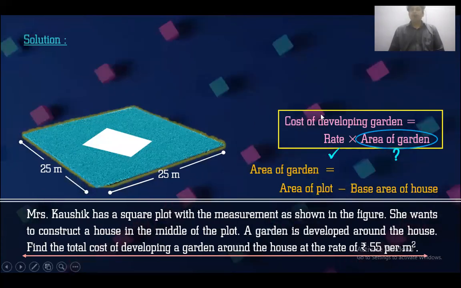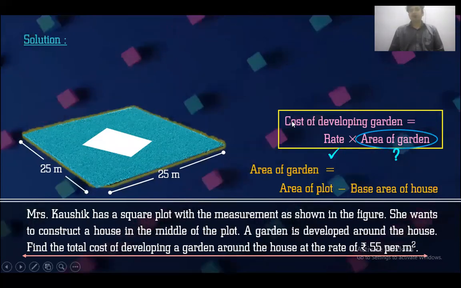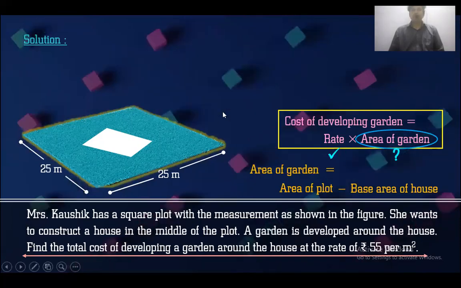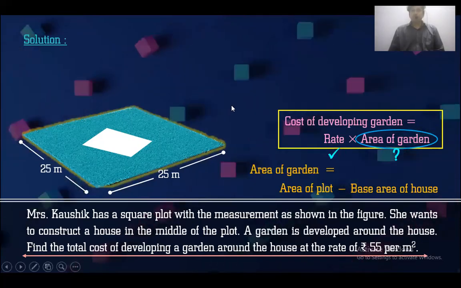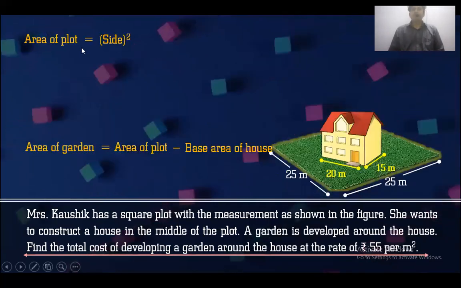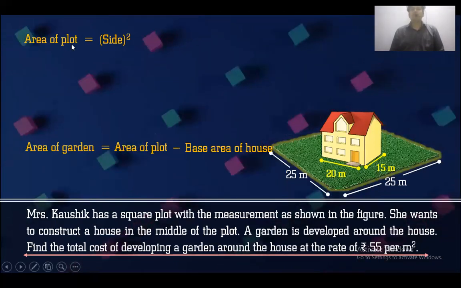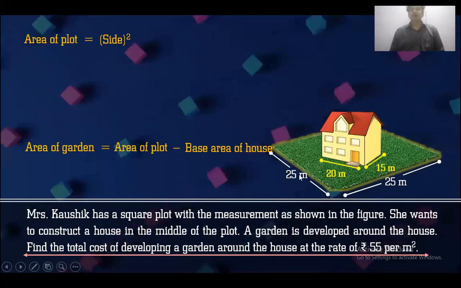Okay, so now my aim is to first find the area of garden, and after finding this you can multiply it by the rate to get the cost of developing. So let's continue. First, the area of plot, that means the square plot. The formula of area of square is side square, and each side is 25 meters.